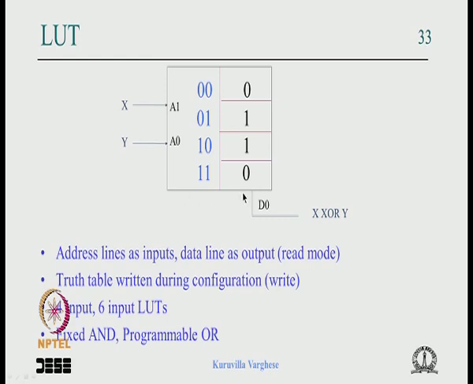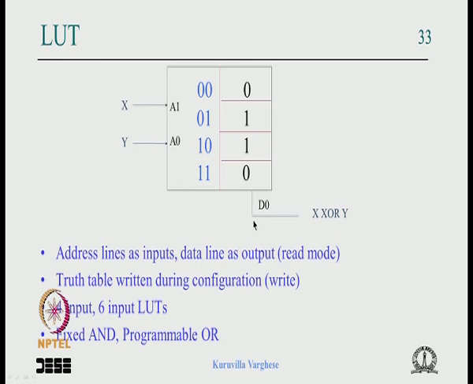Now that writing is, you can say, configuring the lookup table or programming the lookup table. When you write to the memory, that is in the write mode, it happens during the configuration. Now as a user you want to use this as x or y, so you put the memory in read mode, that means it is reading.